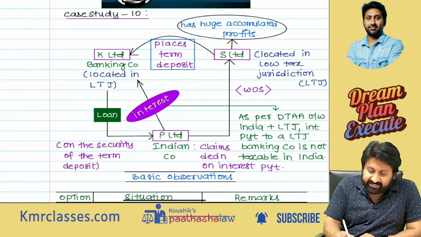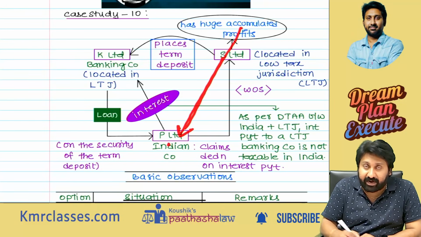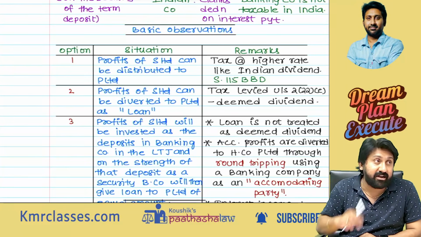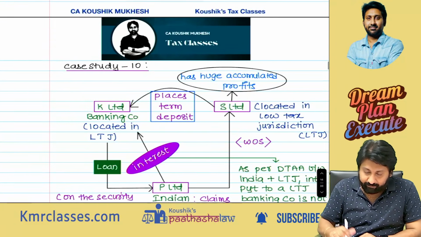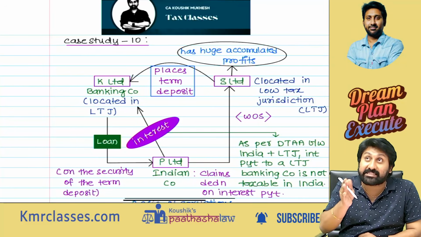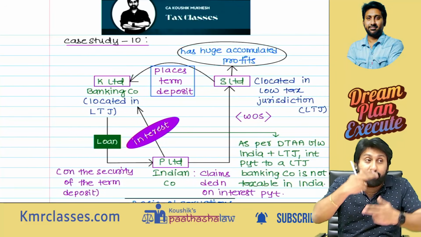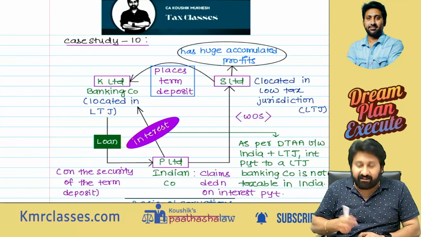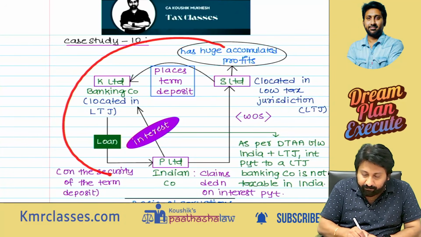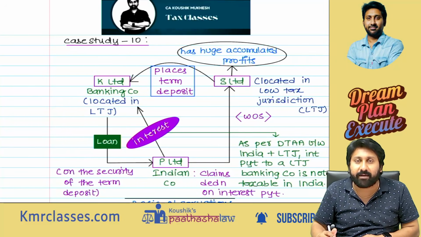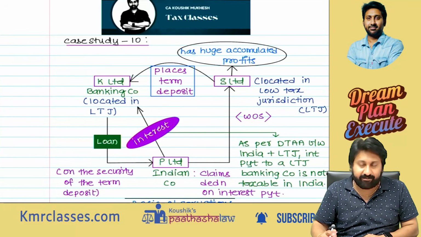But if S Limited pays a dividend out of these accumulated profits to P Limited, it becomes taxable under section 115BBD as a foreign dividend at a higher rate. So they don't want to get it taxed. They want to do something by abusing the treaty benefit, such that they bring these accumulated profits from the low tax jurisdiction to India without due payment of taxes. That is their intention.